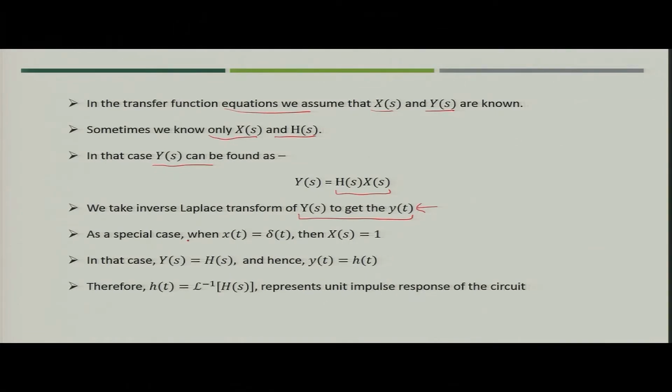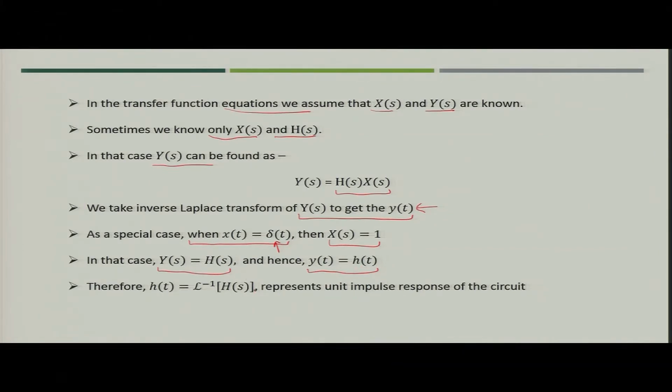As a special case, if we say that xt, that is the input, is unit impulse function, we will say that Xs is nothing but equal to 1. In that case, you will say Ys is equal to Hs, and therefore, the inverse Laplace transform at both sides will give you Yt is equal to Ht.